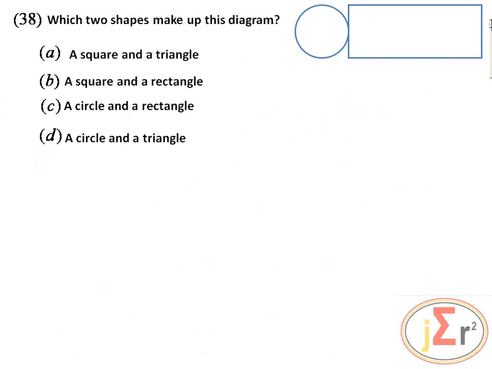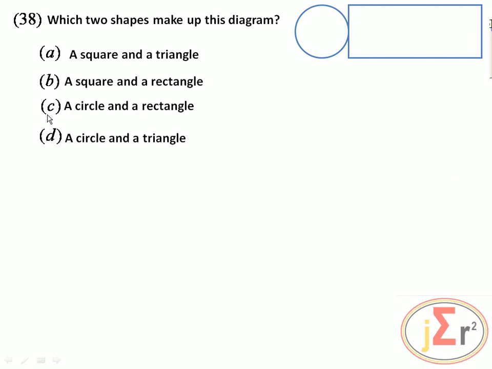Which 2 shapes make up this diagram? What do you see, Jerry? A circle and a rectangle. So let us see which one has a circle and a rectangle. That one is sure to be the correct answer.